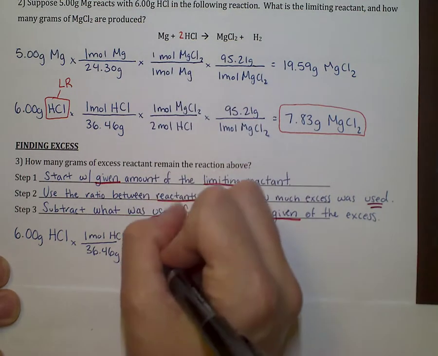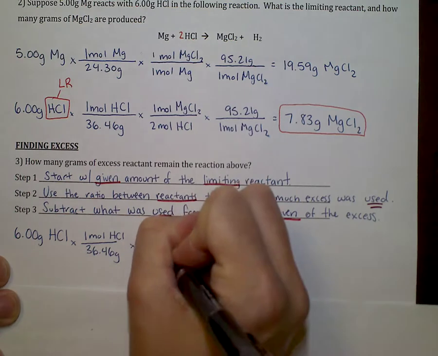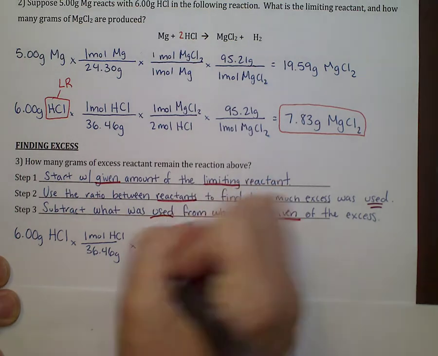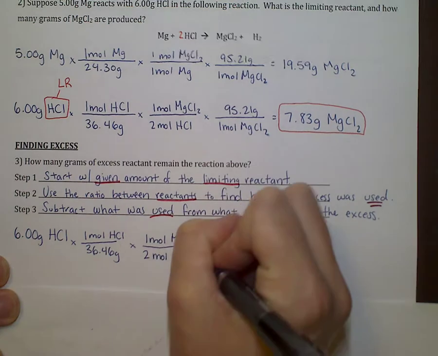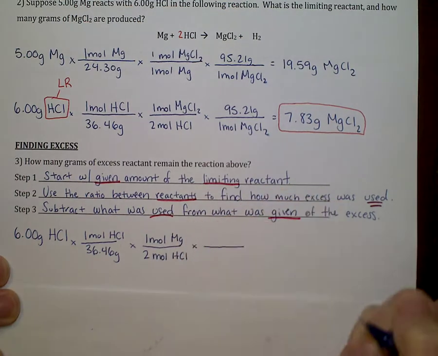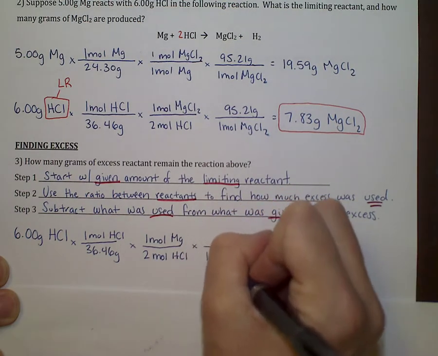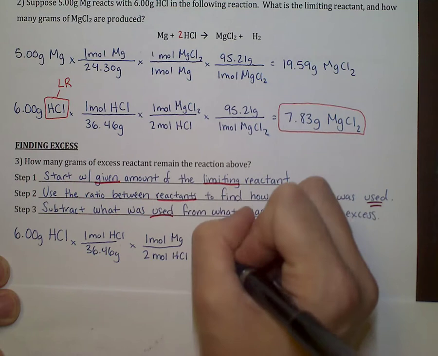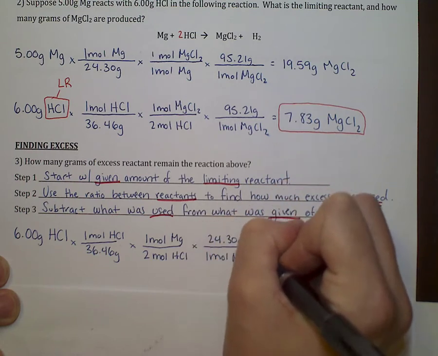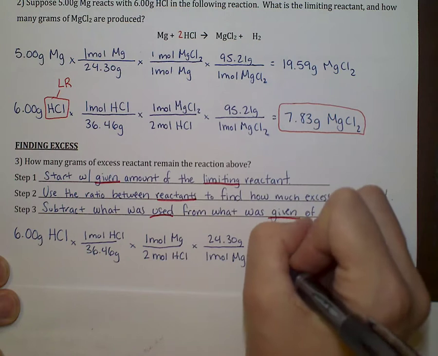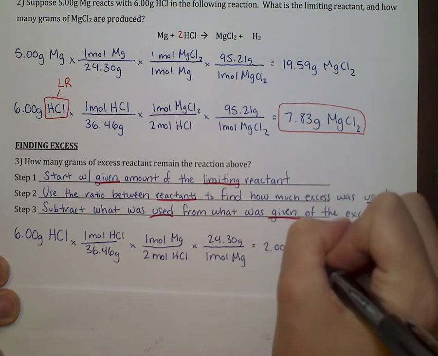So we're solving for the magnesium, so 1 mole of magnesium and 2 moles of HCl. And then finally we want to get that into mass, so 1 mole of magnesium weighs 24.30 grams. And we'll get an answer, 2.00 grams of Mg.